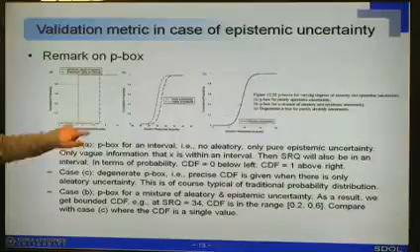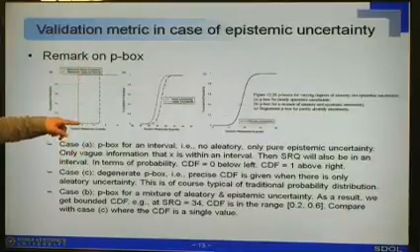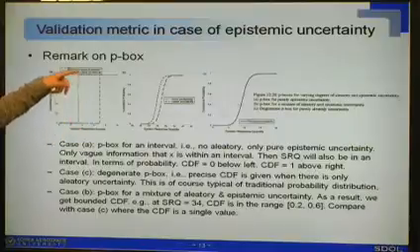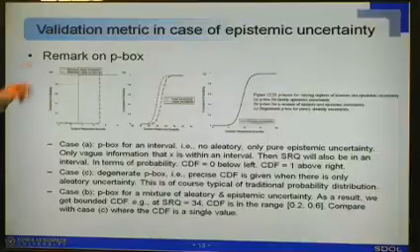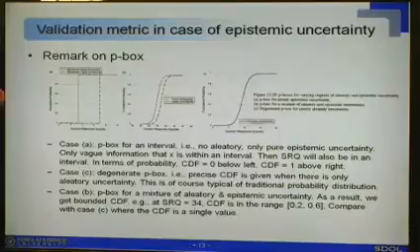Between these intervals, we have a range of CDF, from 0 to 1 probability. And above this value, we have definitely probability of 1. So case 1 is the result when we have only epistemic uncertainty.